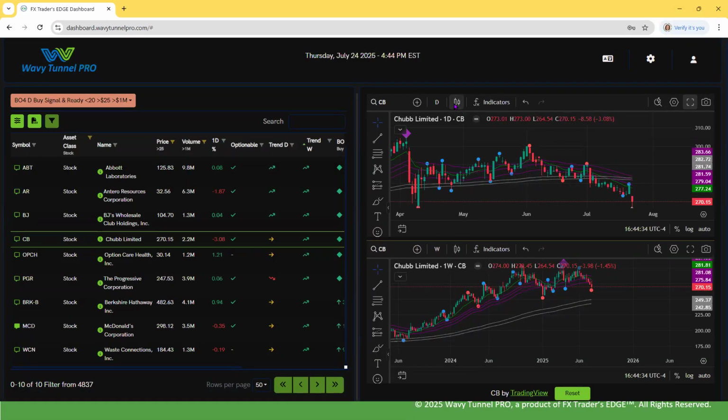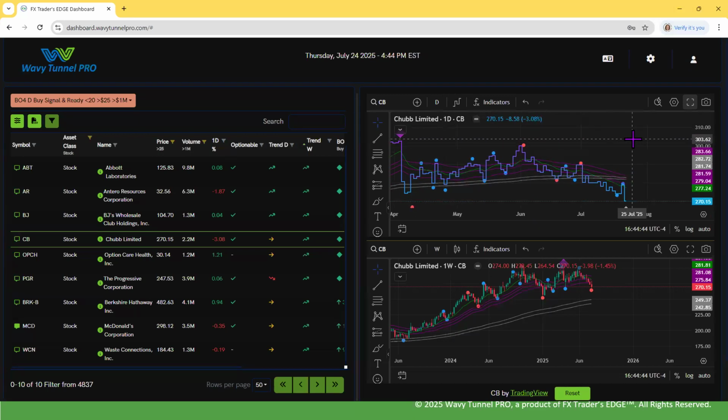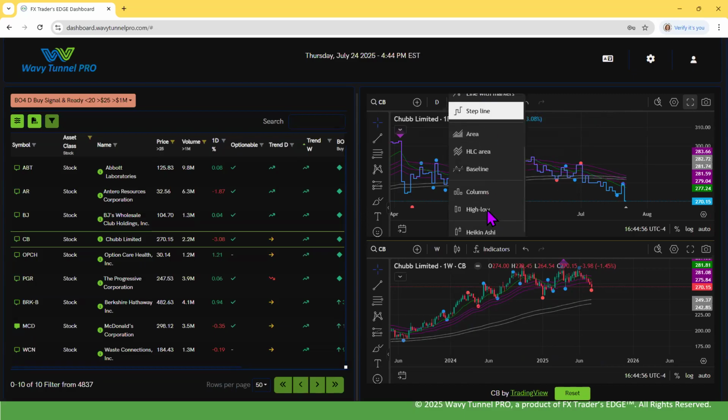I also sometimes like looking at these different chart types. I was looking at the step line. I'd have to check this out, but it's kind of interesting because you just see the dots and you don't see any of the candlesticks. I was looking at that earlier today. And then of course we have Heikin-Ashi.